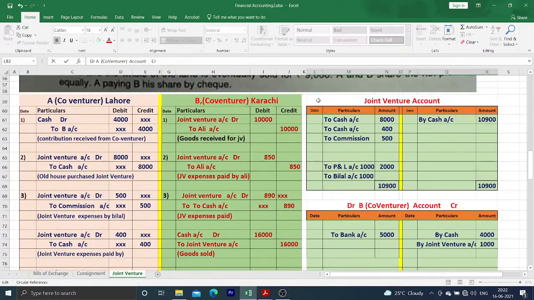Right. How much amount paid? 4,000 to cash account. A account data to cash account. Amount is 4,000. Investment share paid.